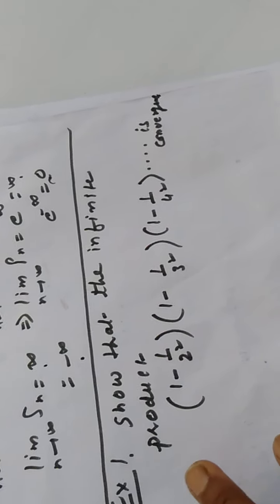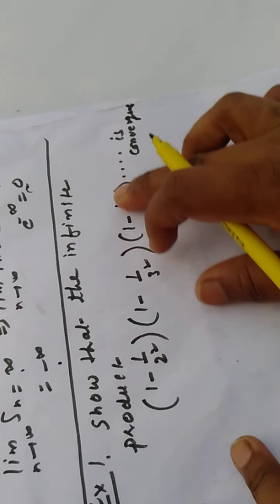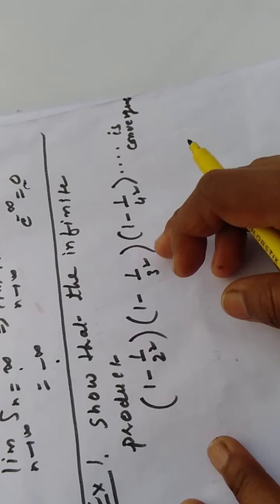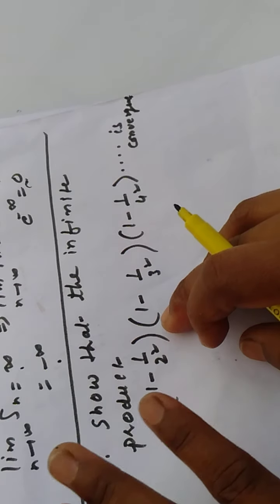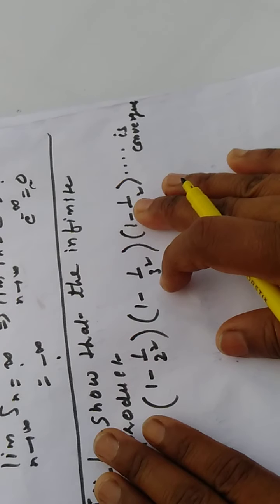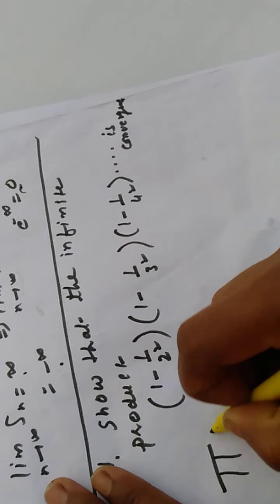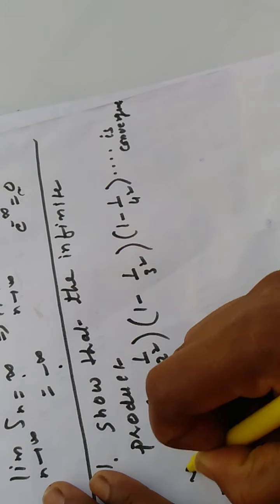Okay, I'll discuss two methods. First, I'll make the factors easy so that some of the factors get cancelled out, and then I'll convert this product into an infinite series, and then we'll check the convergence or divergence. So first, we put it into the form as I discussed, product of 1 plus an, n varying from 1 to infinity.